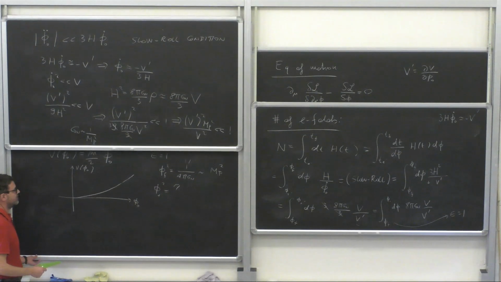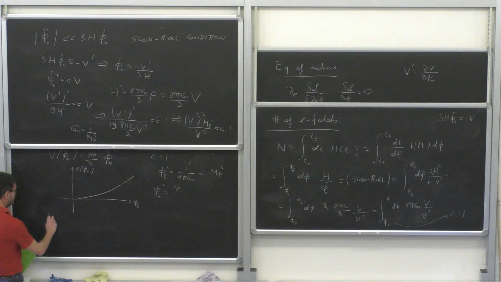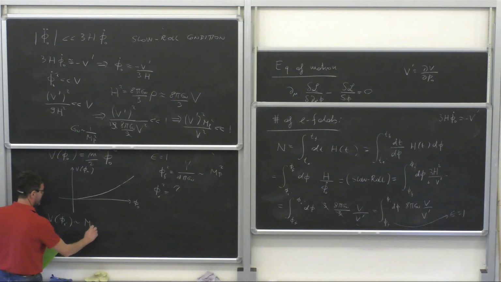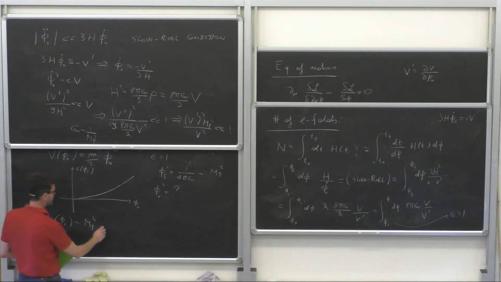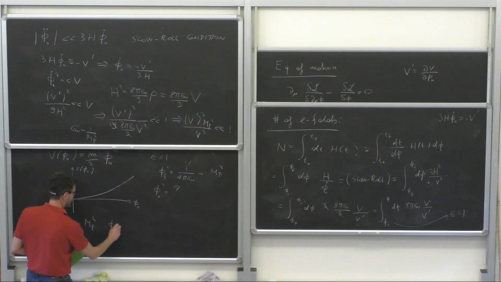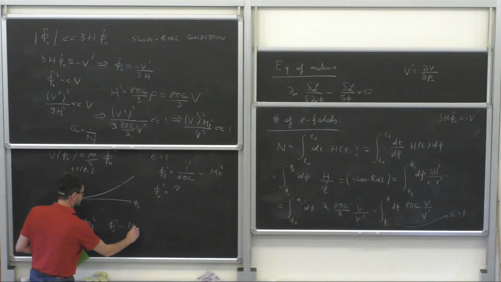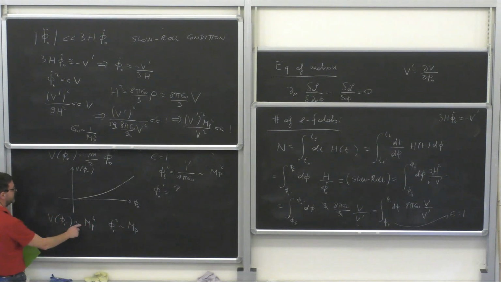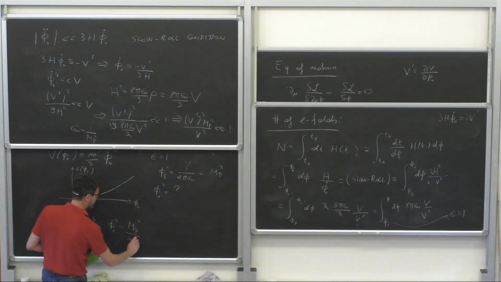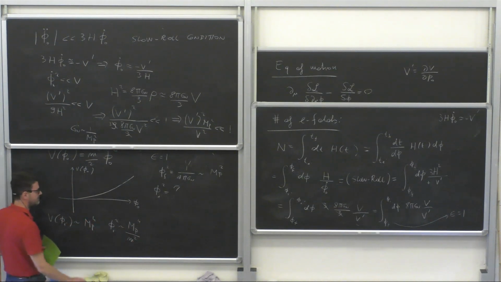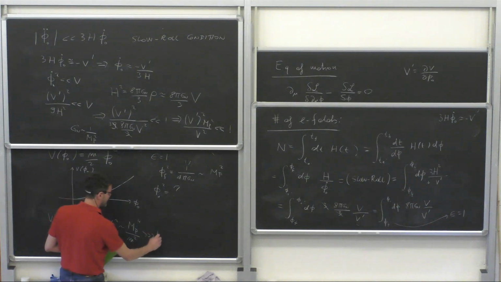So let's suppose for the time being that V of phi initial is of order m Planck to the 4th, the only scale you have in the problem. Then, apart from this small m, phi initial squared will be, from here, m Planck to the 4 divided by m squared. Okay, so this is much, much larger than m Planck squared.